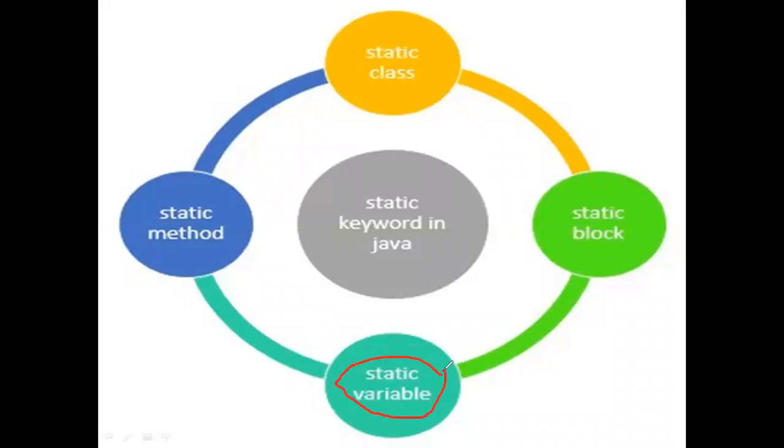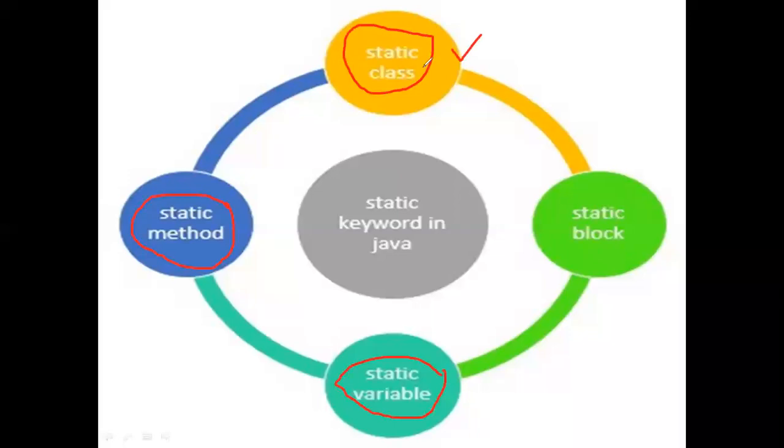Similarly, we can use the static keyword along with methods, and we call those static methods. And we can use the static keyword along with classes, and we call those static classes. I will explain the static classes later.